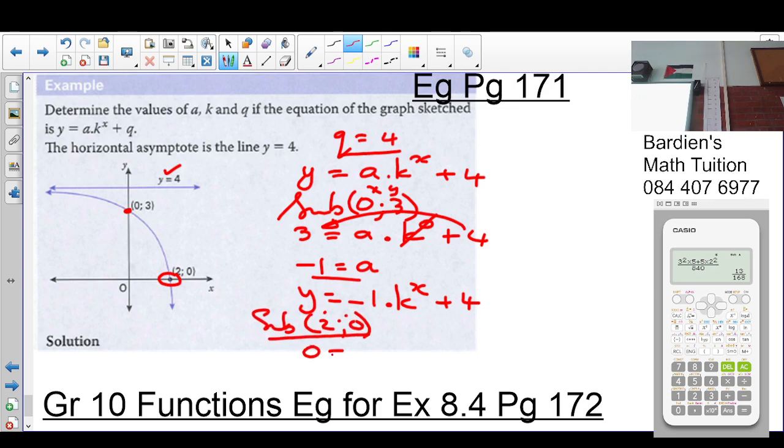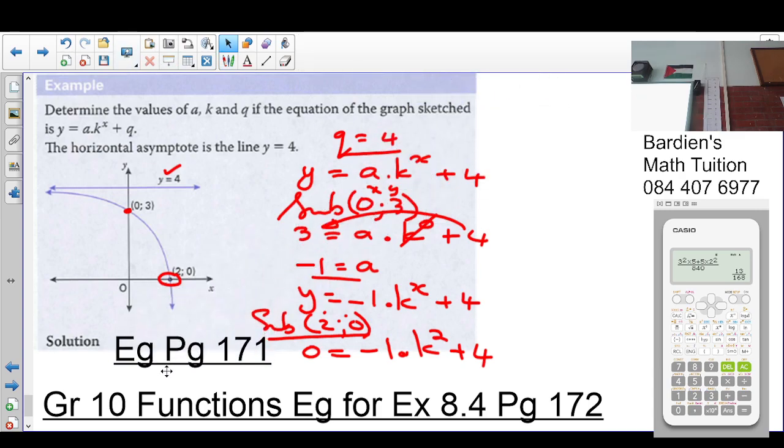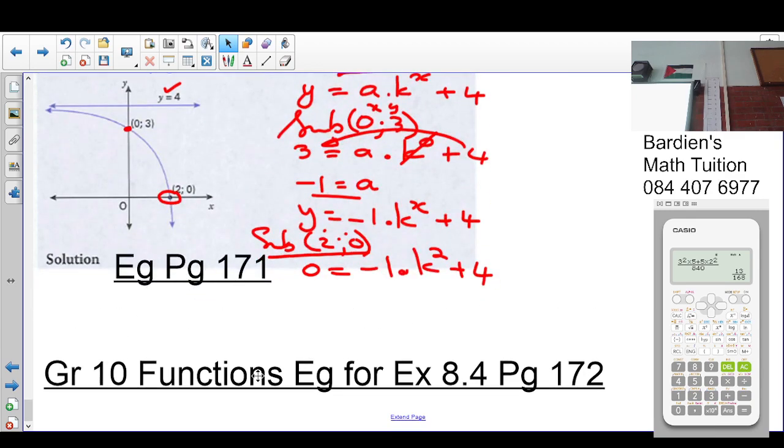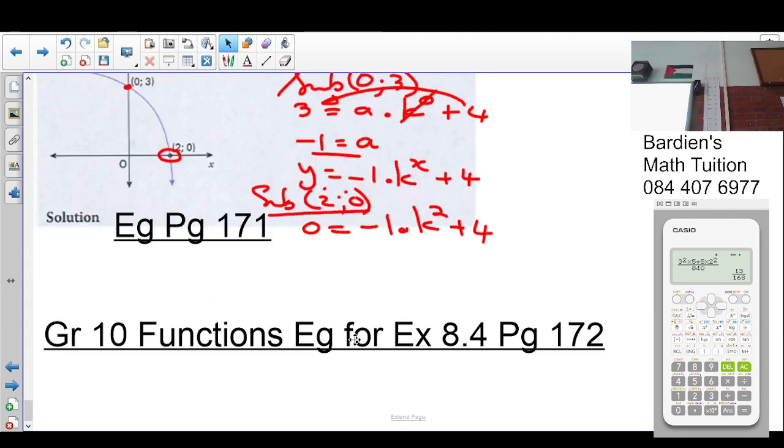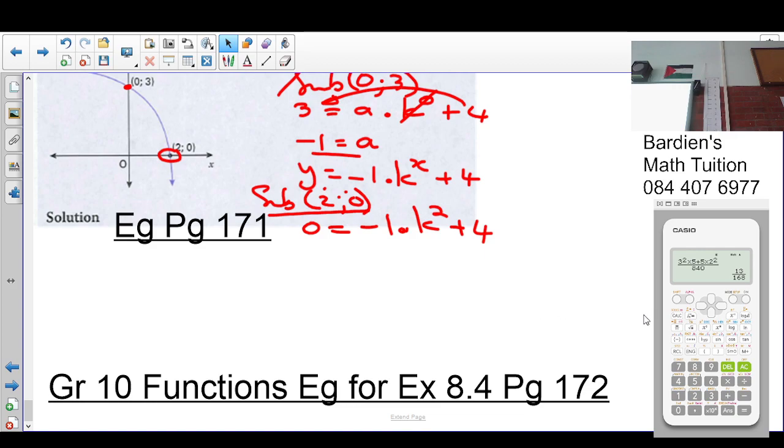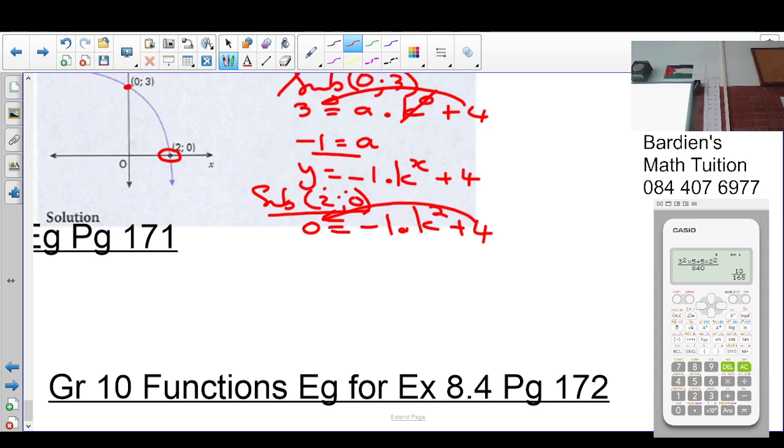So 0 is equal to negative 1 times k squared plus 4. What do we do now? Take the 4 over. So negative 4 is equal to negative 1 times k squared. Now what?